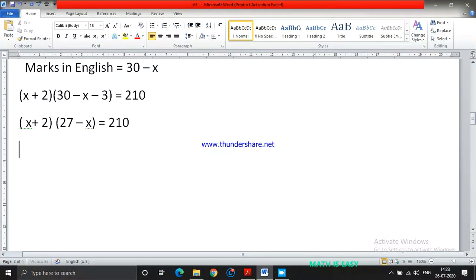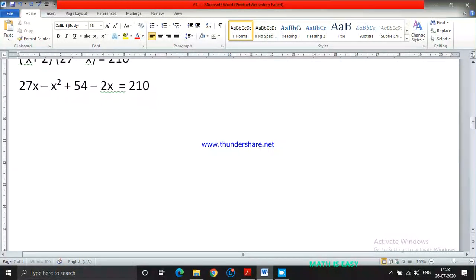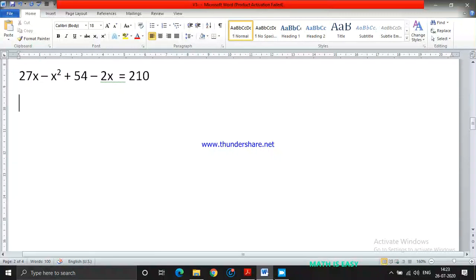If I multiply, then what I get: x into 27 is 27x, minus x into x is x square, then plus 2 into 27 is 54, minus 2 into x is 2x, is equal to 210.